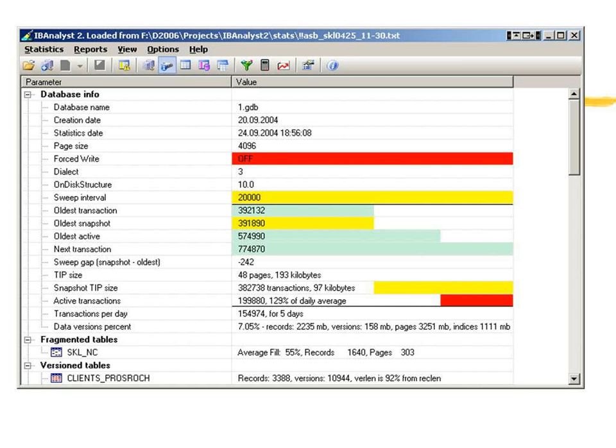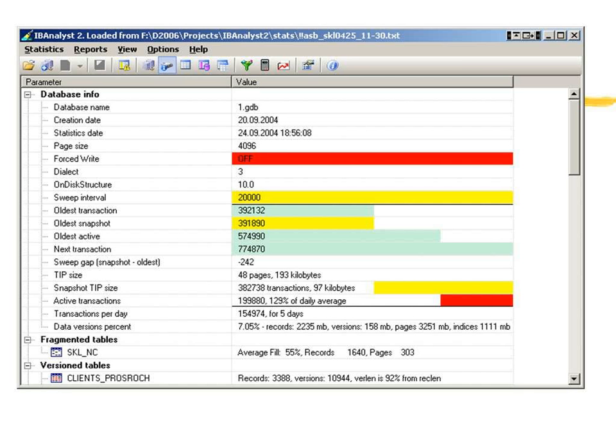So when there are a lot of active transactions, IB analyst will warn you about this. But of course, this information can be understood by IB analyst only if it's a production database.